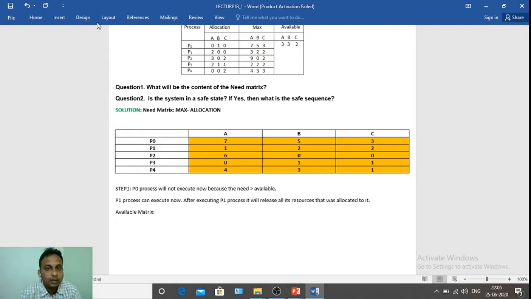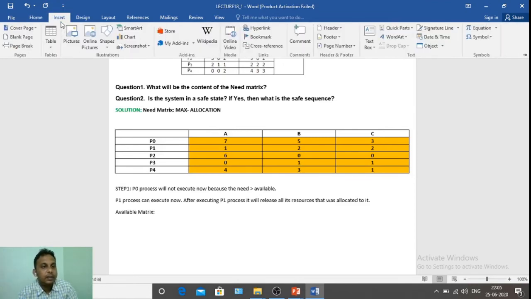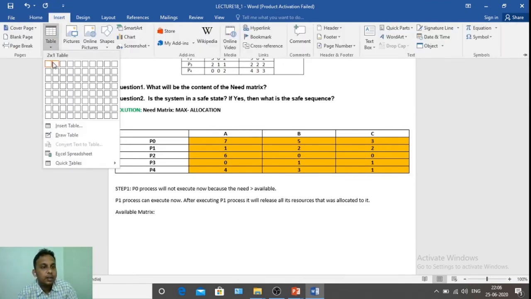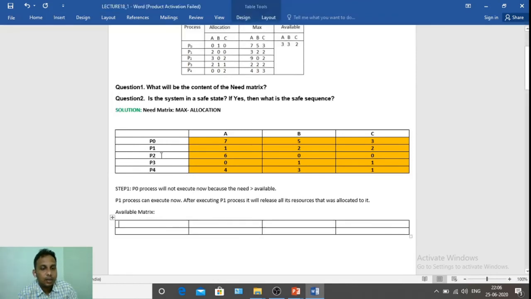Okay. So the new available matrix will be, this is A, this is B, and this is C. The new available matrix, this column is not required at all, so I'm deleting it.